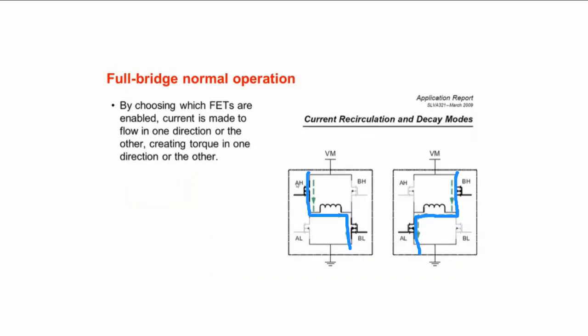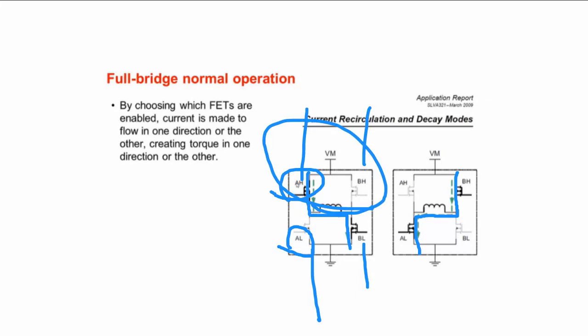What's the shoot through? Shoot through means that we don't want to turn on a high side and a low side at the same time. One is called the high side, the other is called the low side. If the high side transistor and the low side transistor operate at the same time, this is called shoot through, a short circuit.